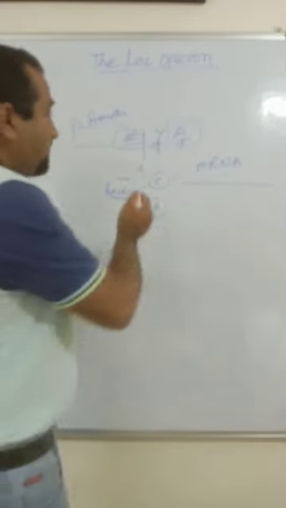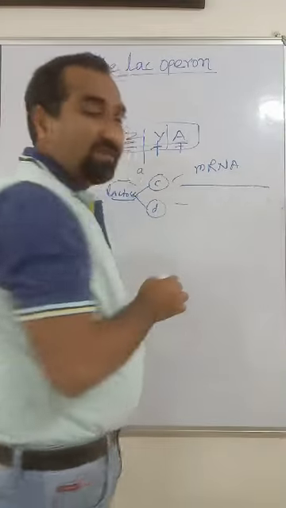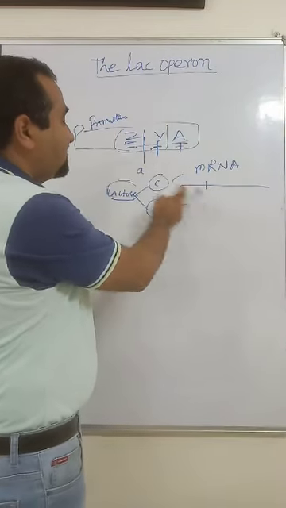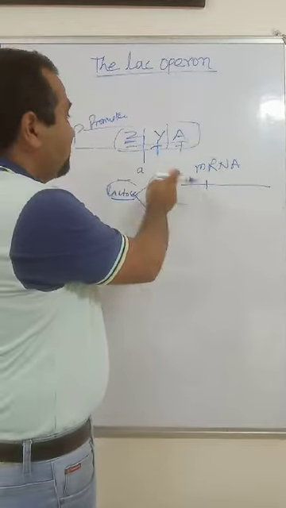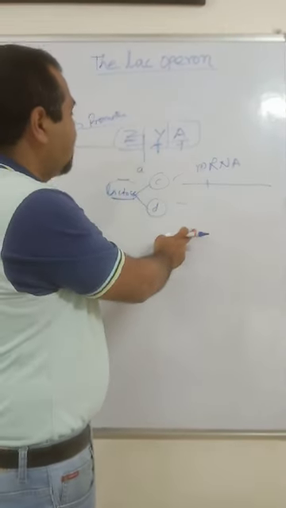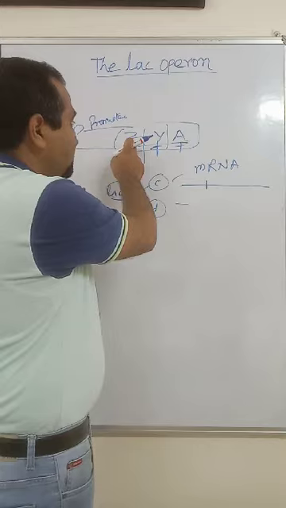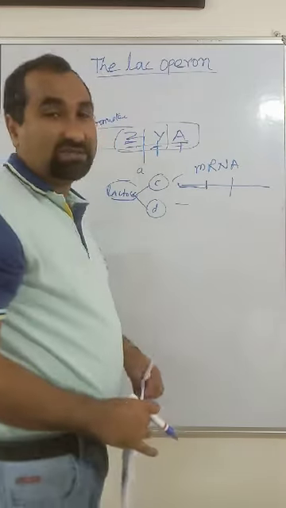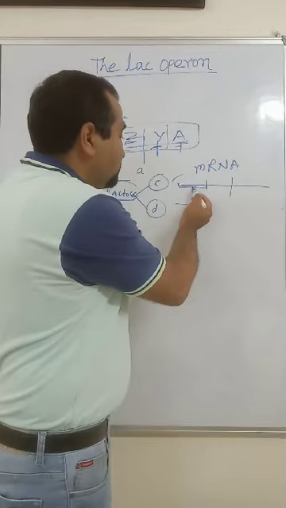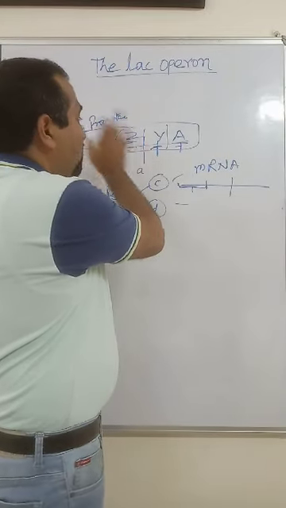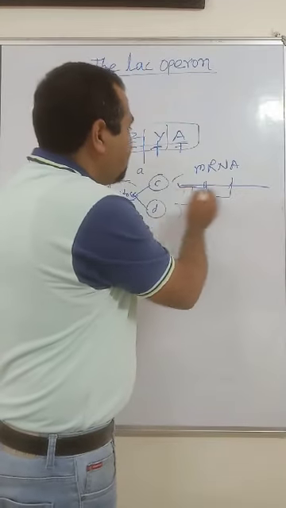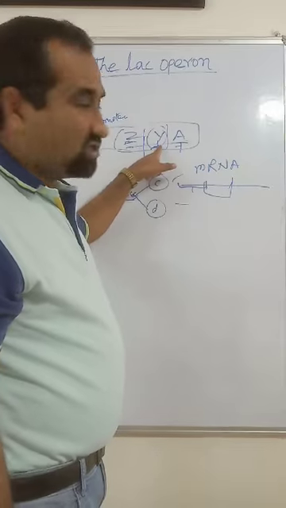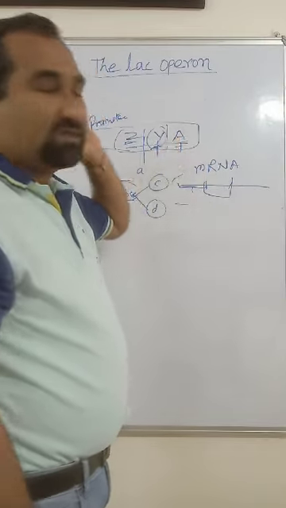This single molecule of messenger RNA has the information transcribed for the protein production of the lac Z gene, Y gene, and A gene. Suppose this much portion of the messenger RNA is used for protein production of the first gene, this much for the second gene, and the rest for the third gene.